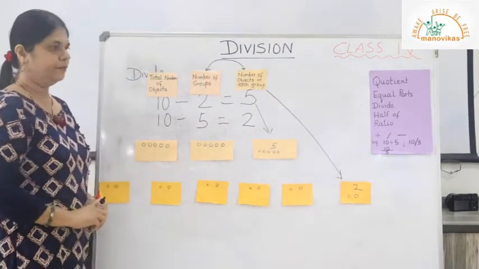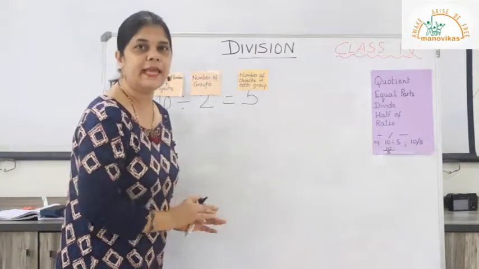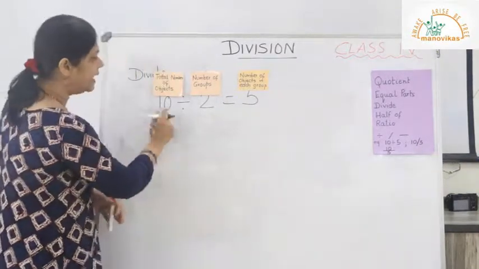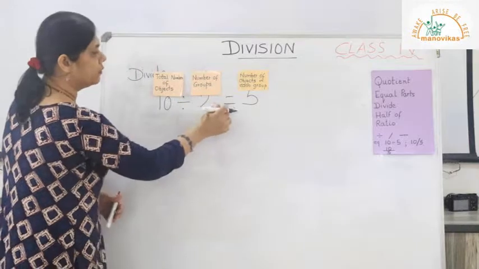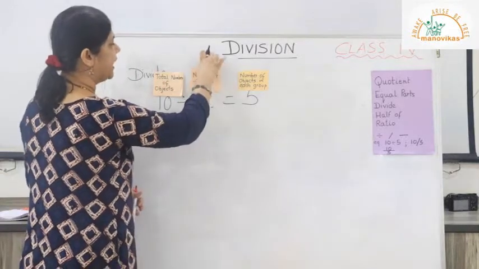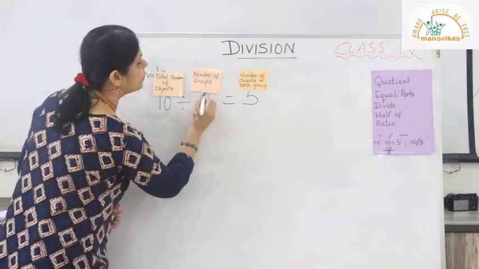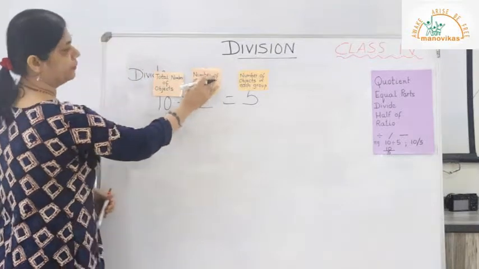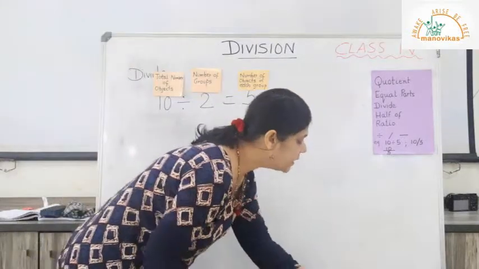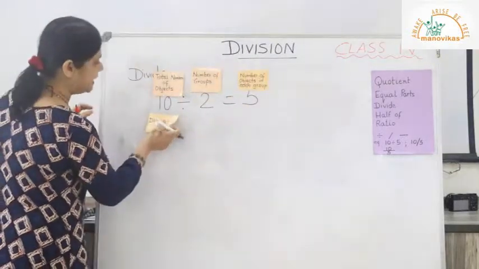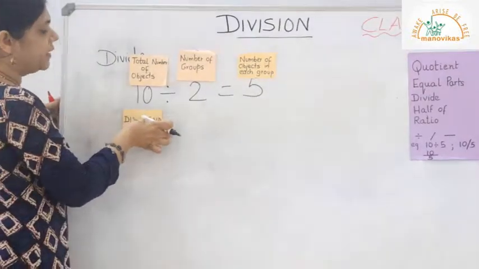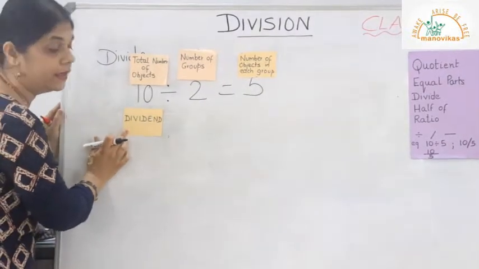Clear? Now look at the same example. We have 10 divided by 2 equals 5. Okay. Now this number here, 10, is also called the dividend. What is it called? Dividend.